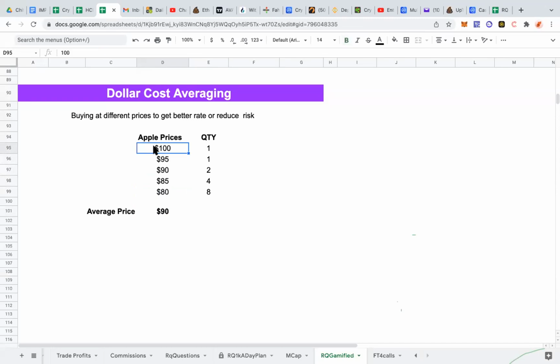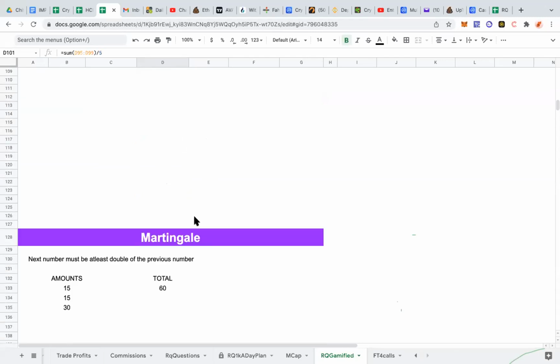So what sawbin strategy is doing is looking at these things as individual, and they are fighting alone. For this $80, the price has to go back up to $100 by $20, right? Before you make profits. For $85, the price has to move up by 15, all right? But when you look at it together, all of them will work together, and you apply Martingale, any small move upwards, you're gonna make profits.